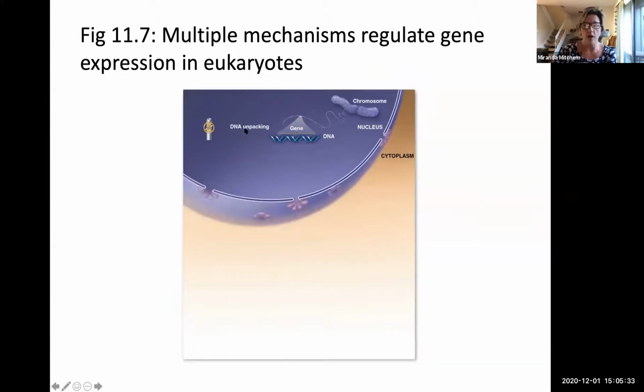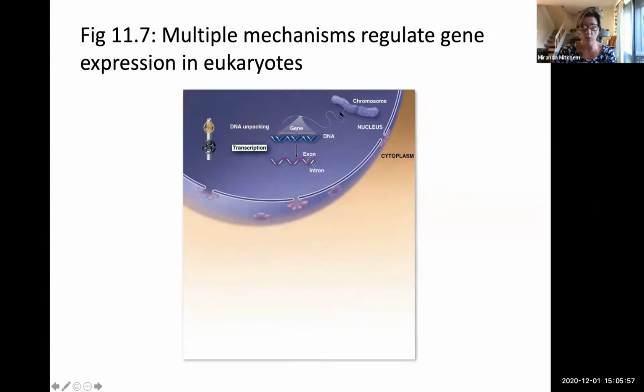So first of all, DNA packaging, or the failure to unpackage, is a regulatory mechanism. If the DNA is in the form of a chromosome, it's not being expressed. So that right off the bat is one of the regulation mechanisms, DNA unpackaging. The DNA has to be unpackaged.